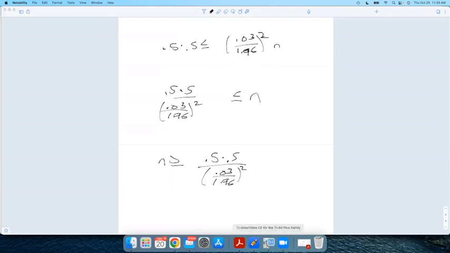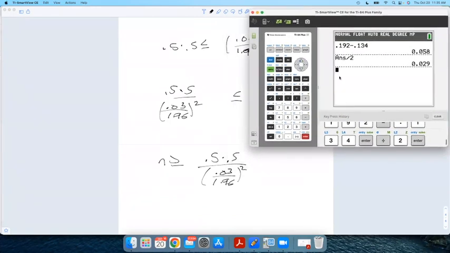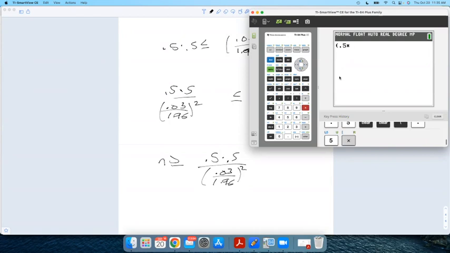Okay, so let's throw that in the calculator. Now we're going to have to be really careful here typing this out. 0.5 times 0.5. Let me put even the top in parentheses, even though I don't actually need them here, just to make sure I have enough parentheses. Divided by, I need parentheses here, and I'm going to need that entire bottom squared.